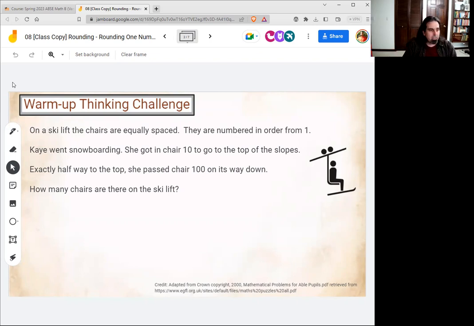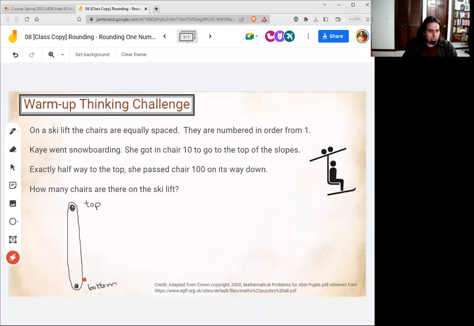Drawing this, in case it's not clear already, there's the loop of the ski lift. Up here is where you get off at the top, and down here is where you get on at the bottom.